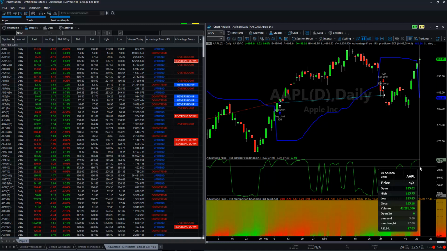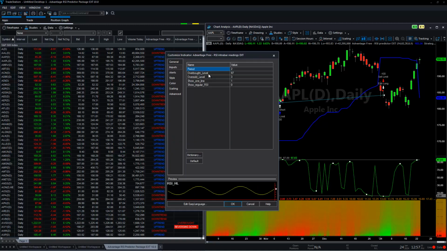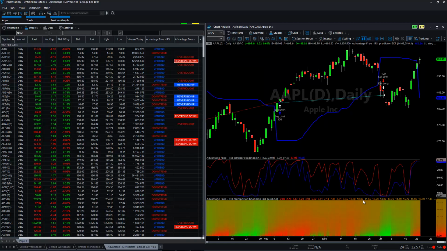So the RSI was 97.03, and the closing RSI is below this threshold. So this signals a potential reversal.